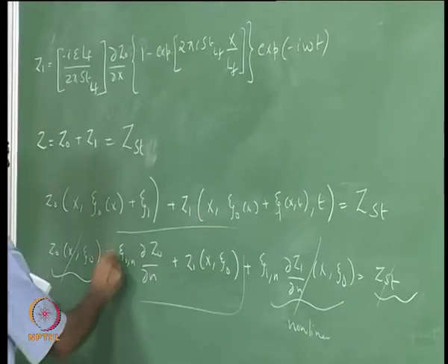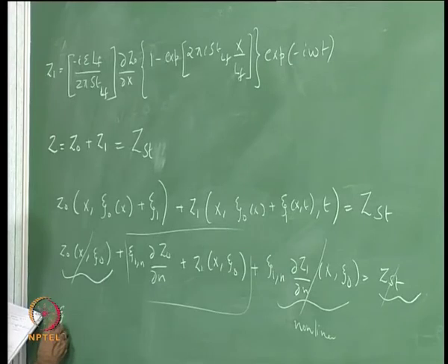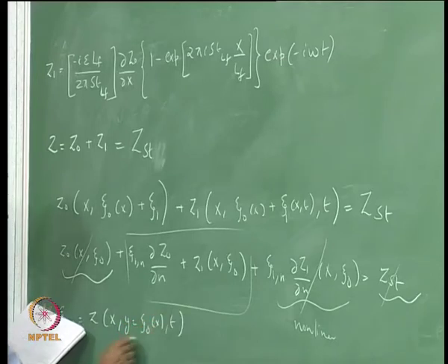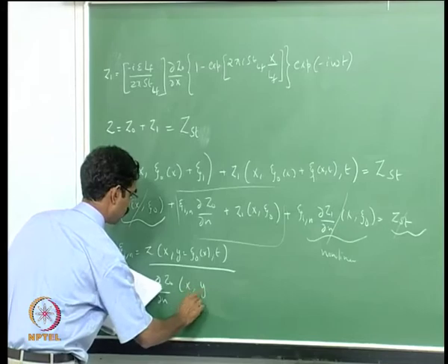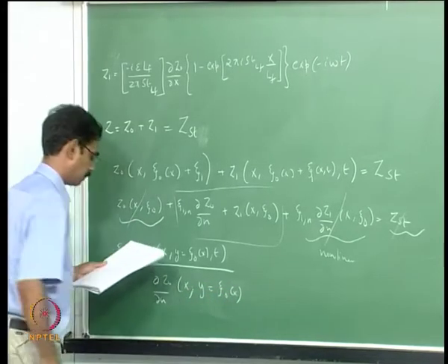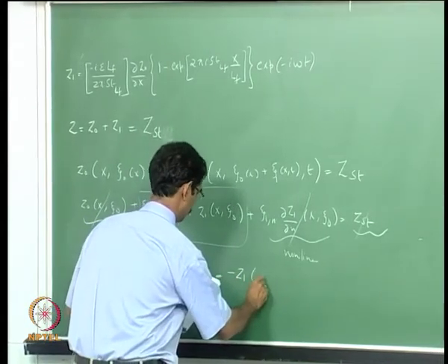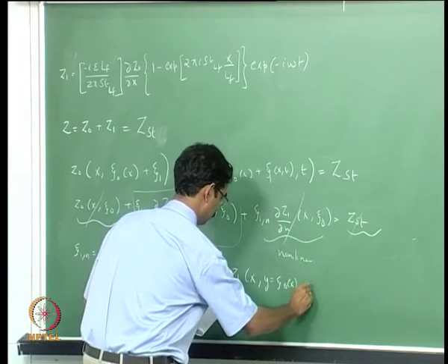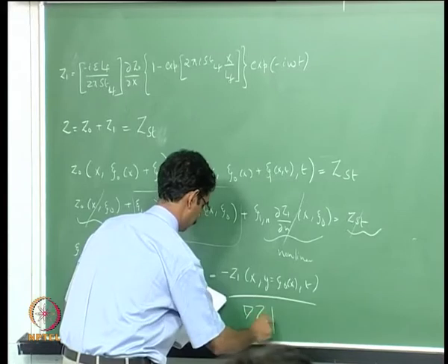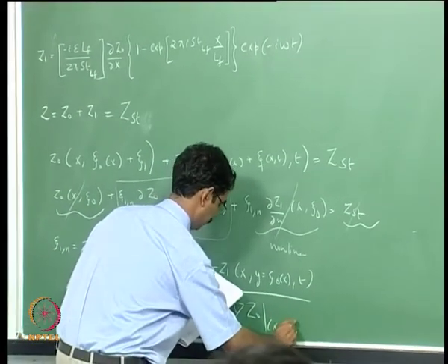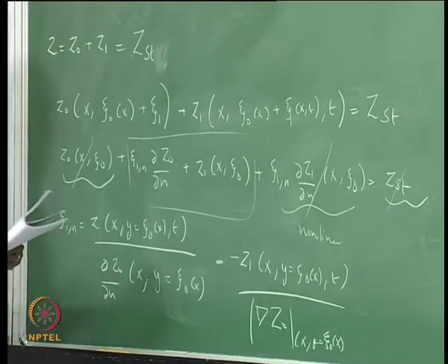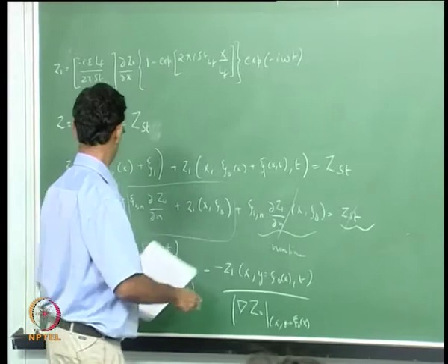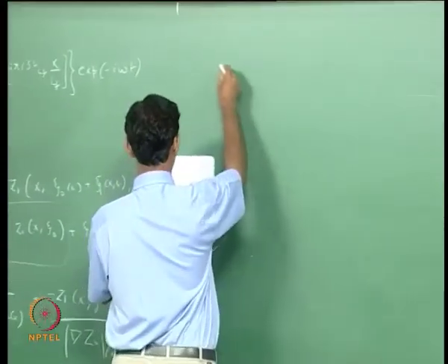This equal to 0 is the equation, so combining this we can write the formula for psi 1 comma n as follows.